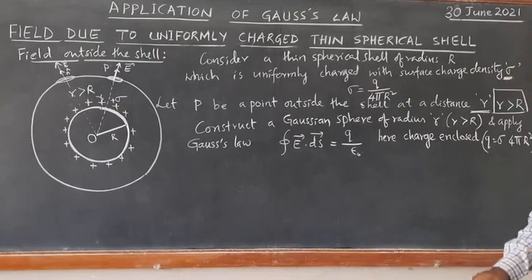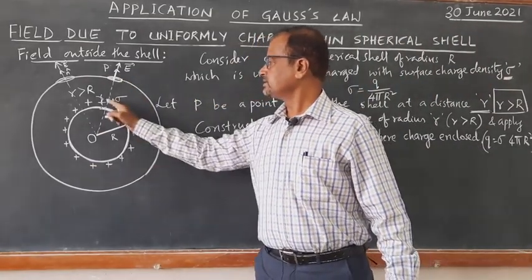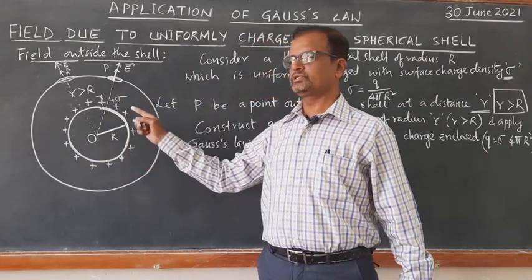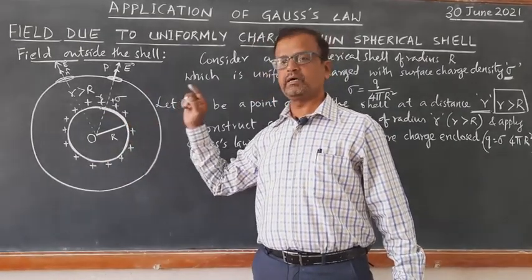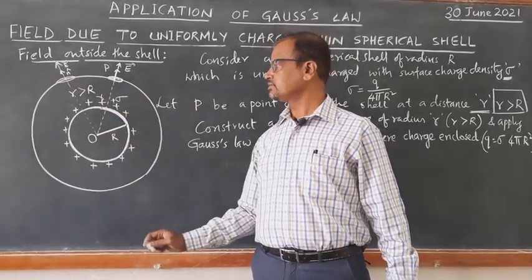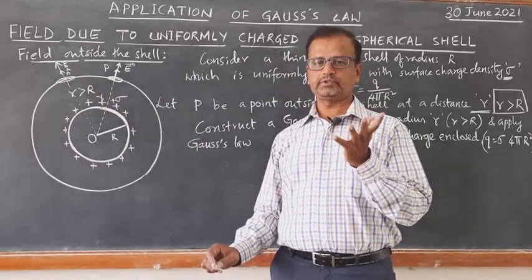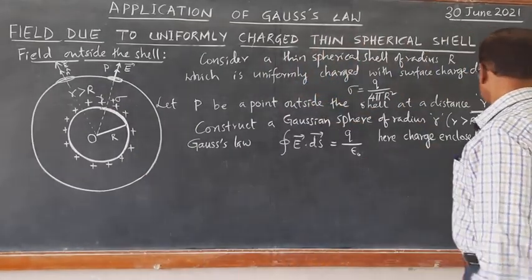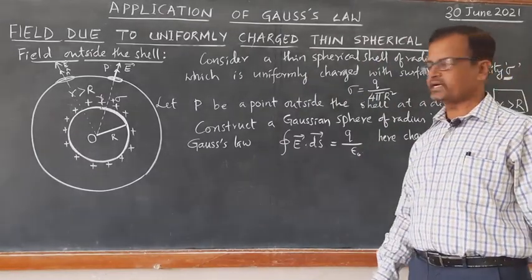From this you can see the charge enclosed by this entire Gaussian sphere is this entire charge Q. This charge Q, we don't know how much it is, but we know charge density sigma and we know the radius of the shell. Therefore, charge enclosed Q is equal to charge density multiplied by surface area, so sigma into 4 pi r square. So that we can substitute here sigma into 4 pi r square.